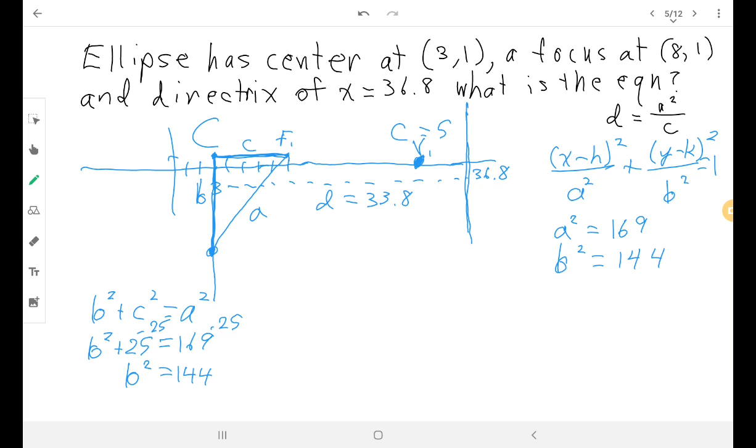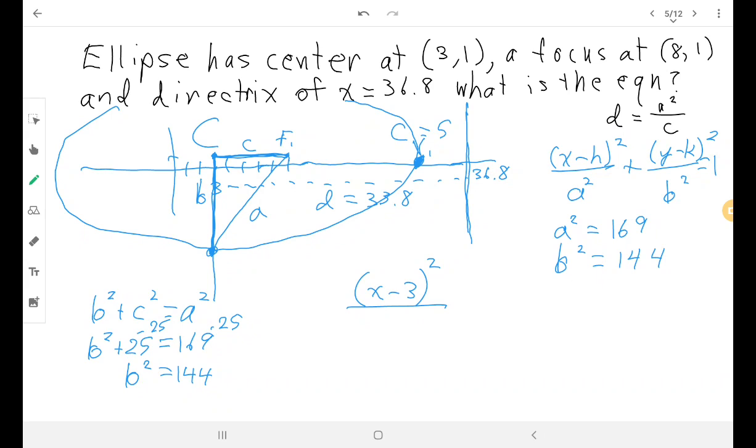And then we can put all of this into our equation. So x minus h is 3 squared, over A squared, because the ellipse is going to go like that and come back around, something like that.